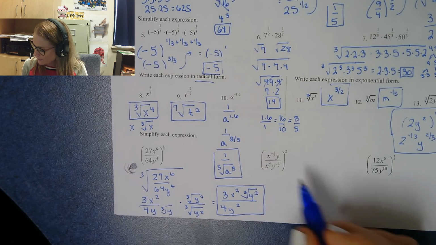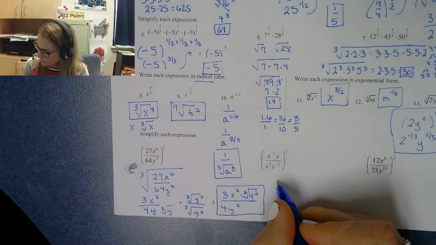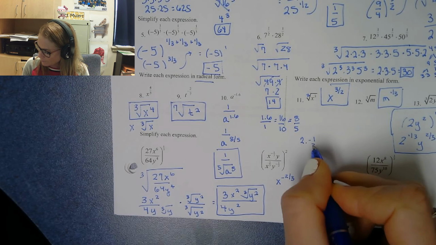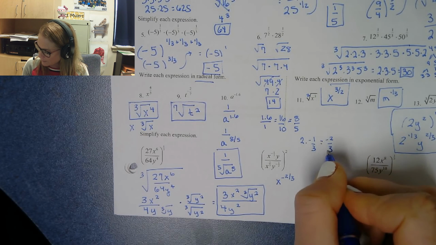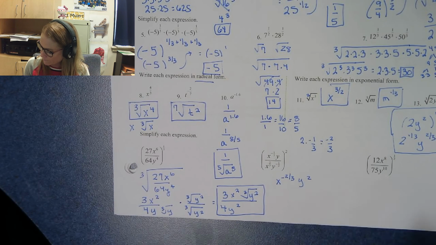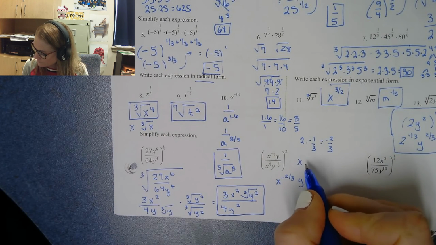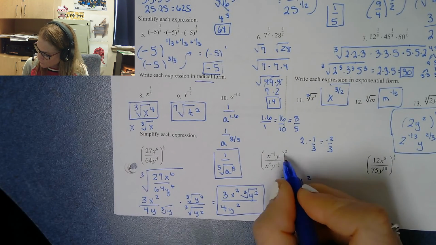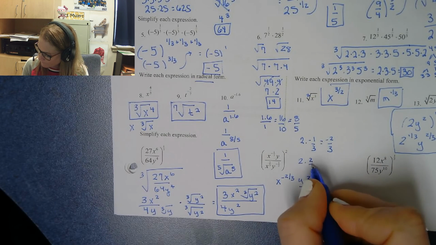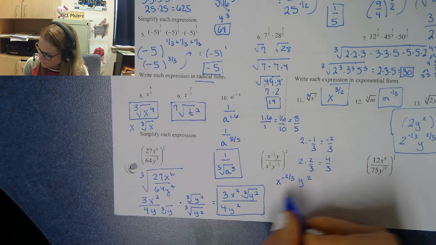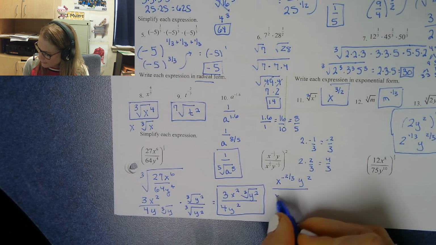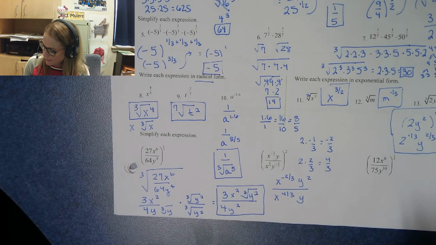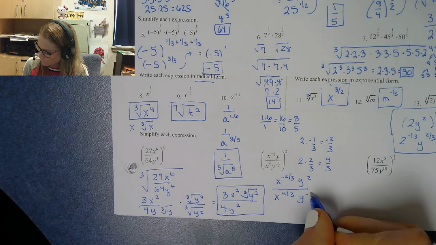All right. This one, let's do power to power. X to the negative 2 over 3. 2 times negative 1/3 is negative 2 over 3. Y squared. X to the 2/3 times 2. Power to power, so I'm just doing this 2/3 times 2. That's 4 over 3. So down here I have x to the 4 over 3, and then this is 2 times negative 1/2. That's just going to be negative 1.